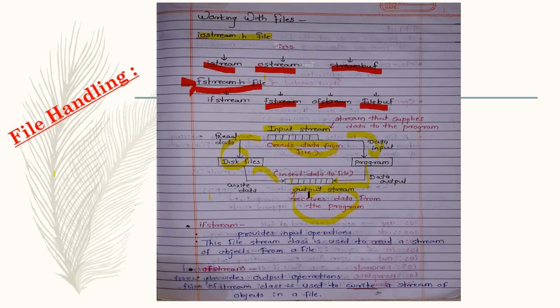In other words, the input stream extracts, means reads data from the file, and the output stream inserts data to the file. Means the input stream reads data from disk files and gives input to the program. And the output stream receives data from the program and saves it to the disk files.